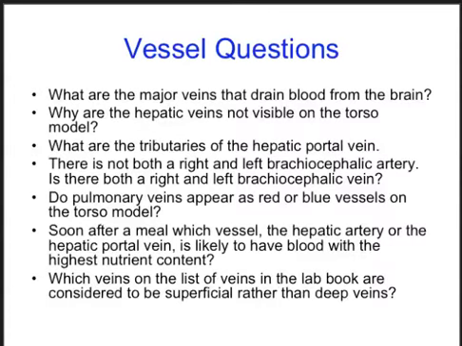Next question. Soon after a meal, which vessel, the hepatic artery or the hepatic portal vein, is likely to have blood with the highest nutrient content? And the answer is the hepatic portal vein. The hepatic portal vein is draining nutrient-rich blood directly from the GI.